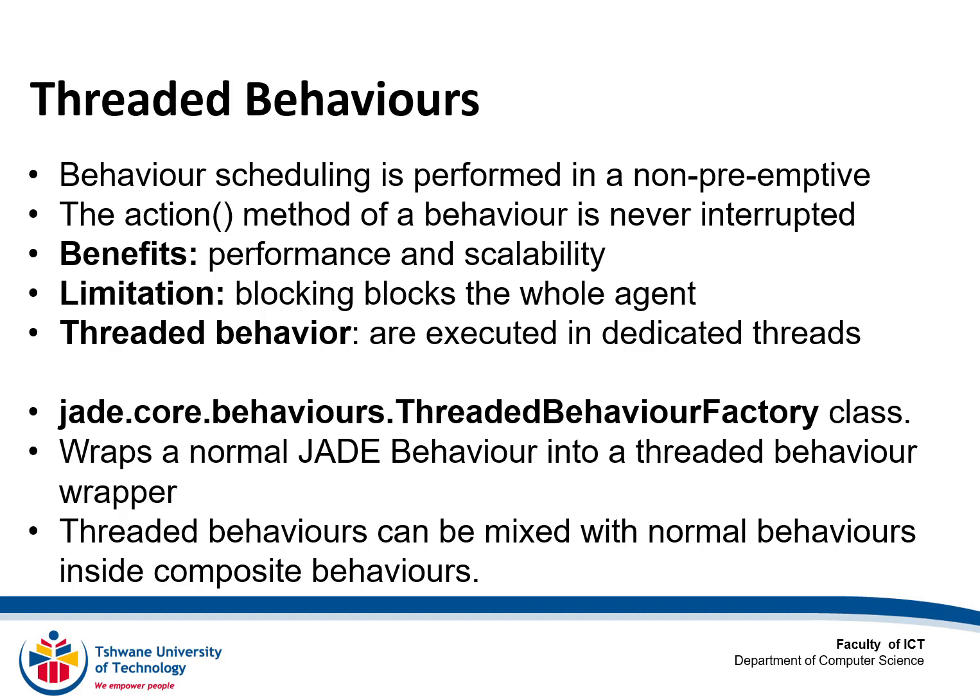You will use the action method of a behavior to secure almost an entire thread so that the behavior is not interrupted. The challenge with that, though, is that because it must not be interrupted, you would have blocked that whole agent on that particular thread, and you can't release that thread. Whereas the benefit could be more on performance and scalability.